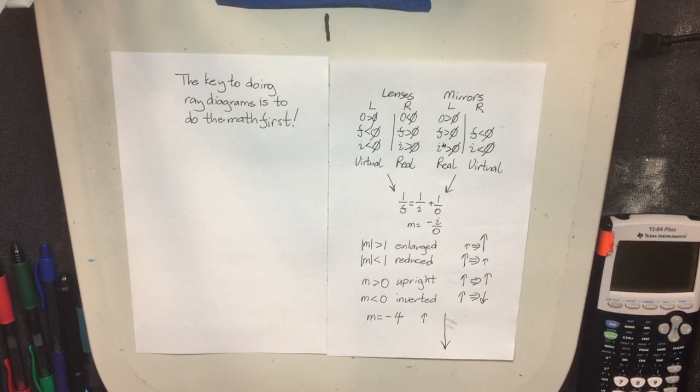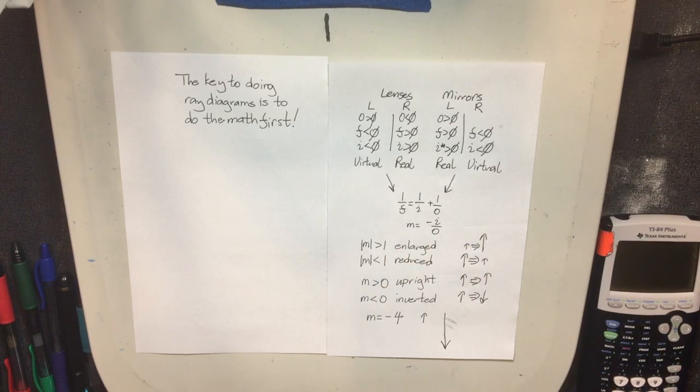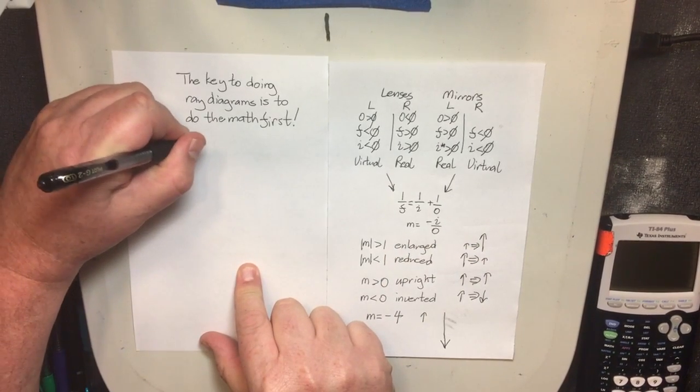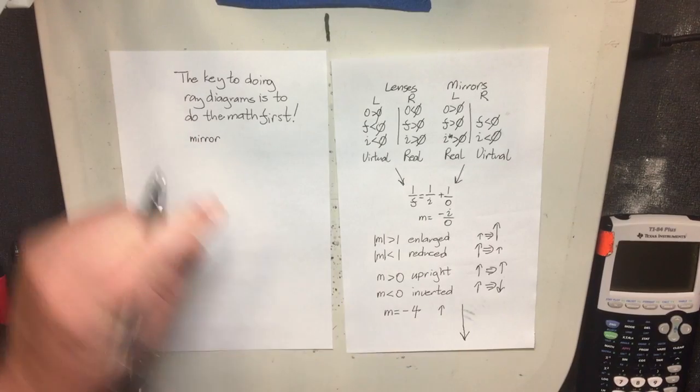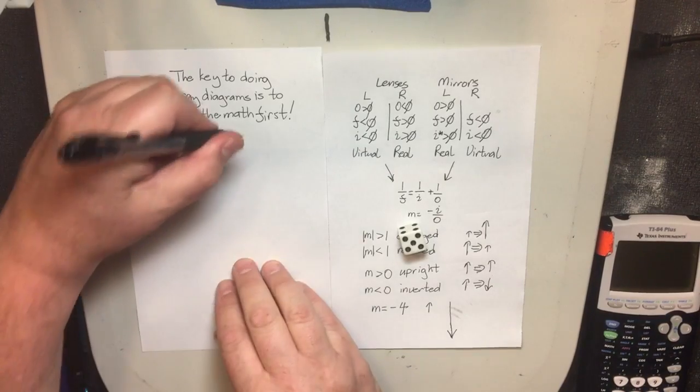Odds are mirror, evens are lenses. All right. We got a mirror. Odds are concave, evens are convex. Concave.